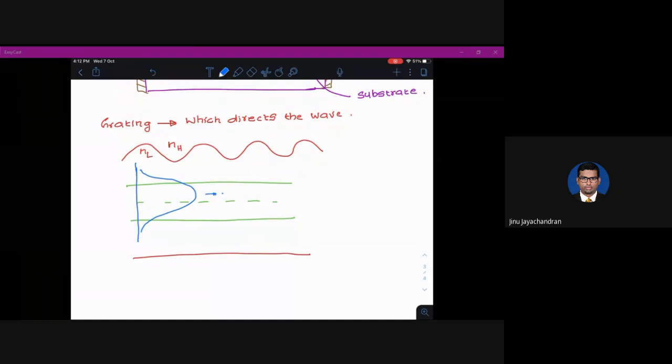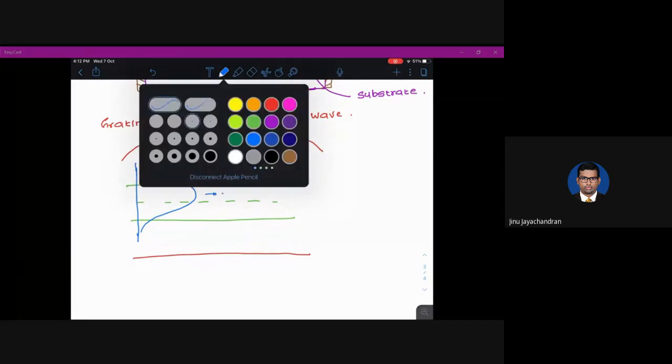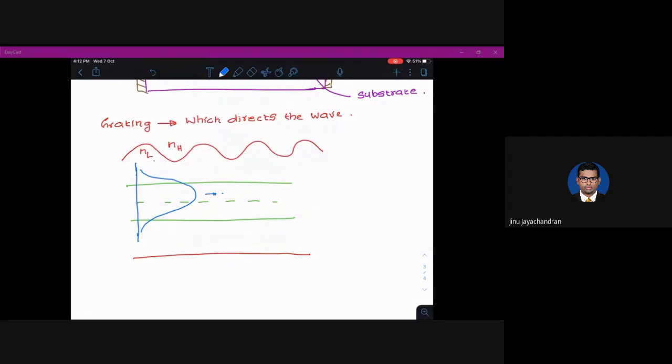Its tail is like something coming like this, and when it moves along this corrugated grating, it sees different refractive indices.